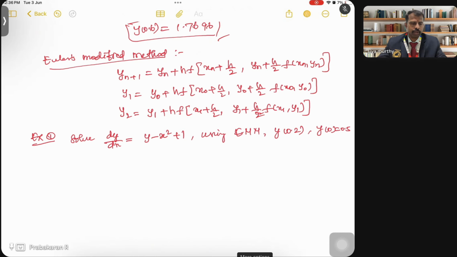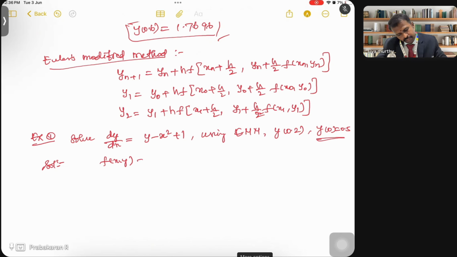This is the initial value. Here they are asking for y of 0.2 only. That means put n equal to 0, we get y1. That is our sum, right?